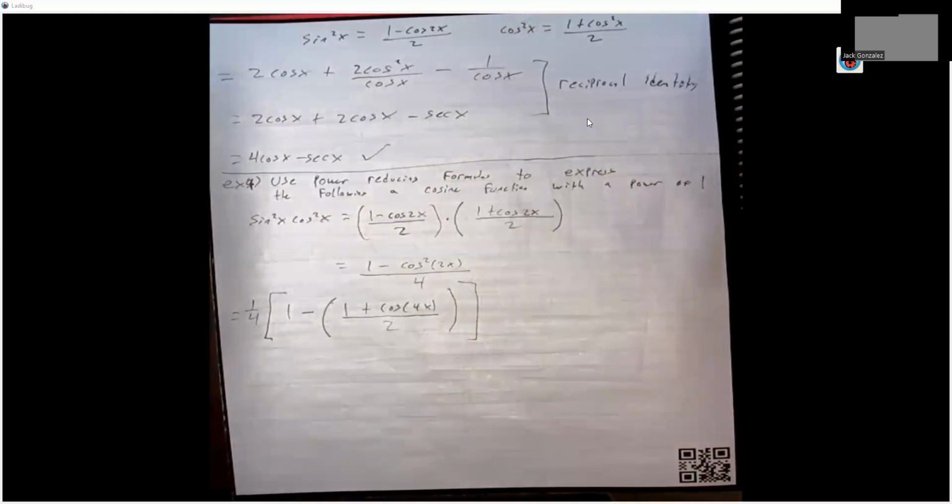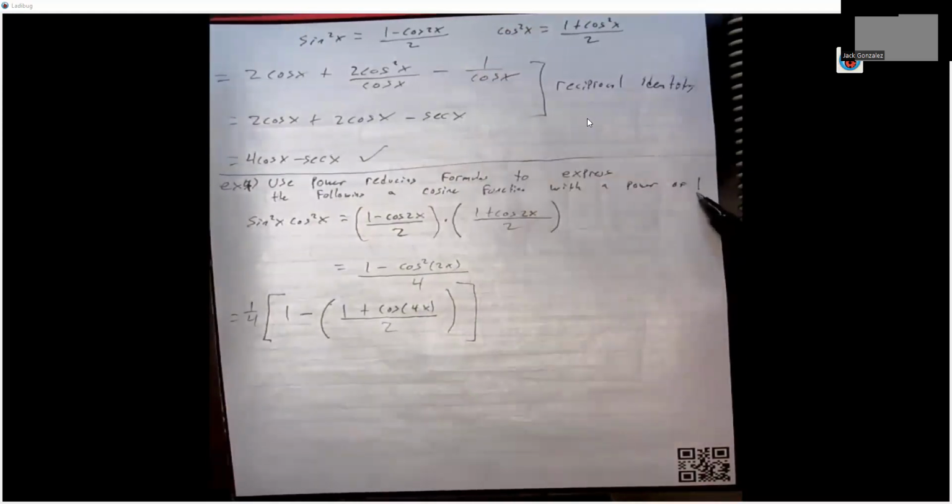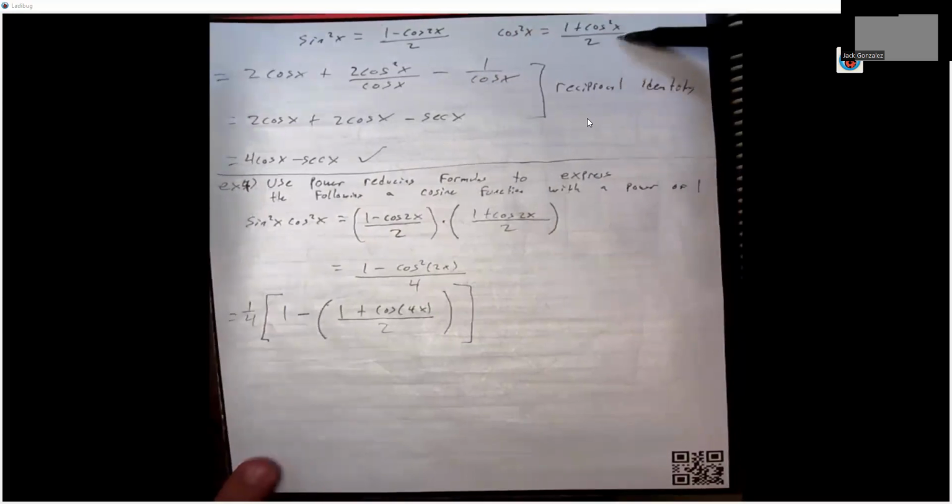At that point, we've removed all the powers. What was the goal? Power of 1. These are all single powers. It does look ugly though. The rest is algebra. So then what's the denominator? It's from the formula up here.